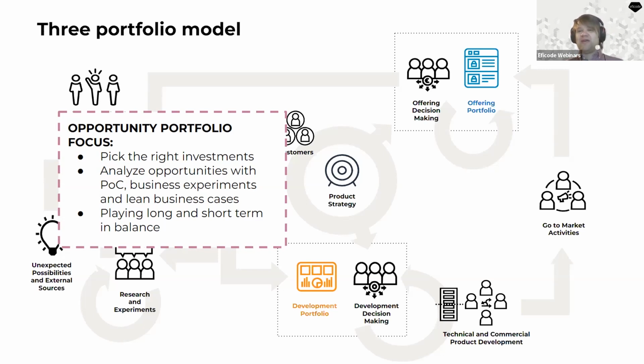You cannot only play the short-term or only the long-term, but you need to have both types of activities going all the time in the opportunity portfolio. And I think that's one of the key findings, at least for me, that I've worked with companies recently, is how to make sure you are playing both games at the same time.